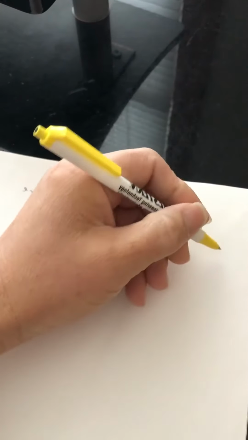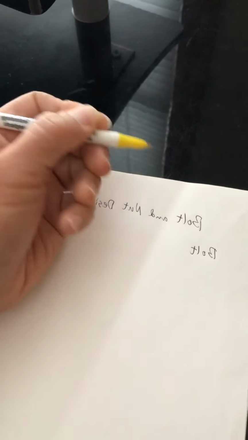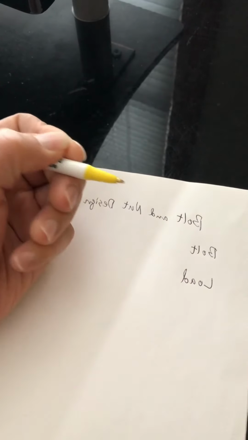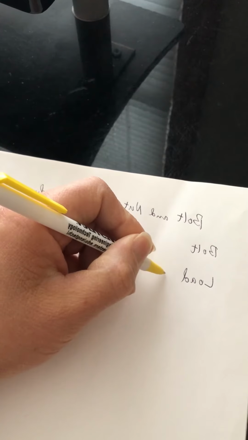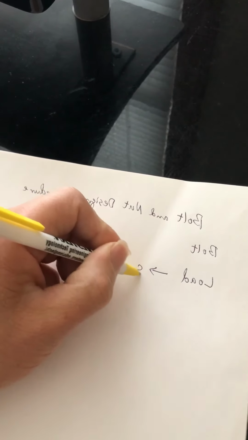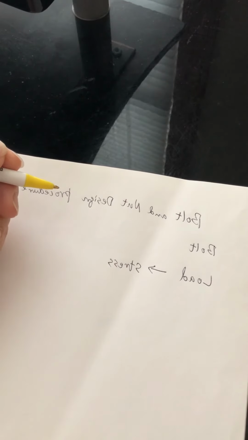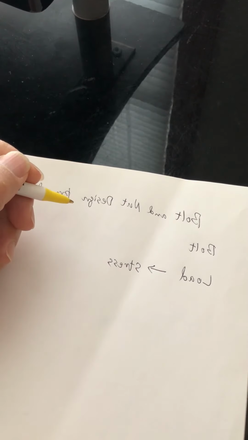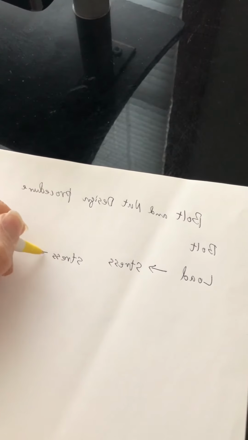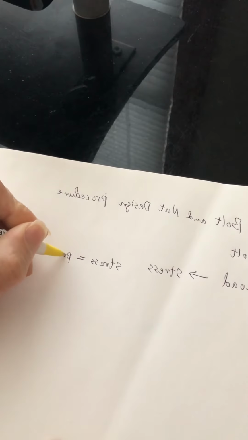Now let's say you know the load. Okay, so let's design the bolt first. If you know the load, you can calculate the stress. And from the stress, you set the stress equal to proof strength.